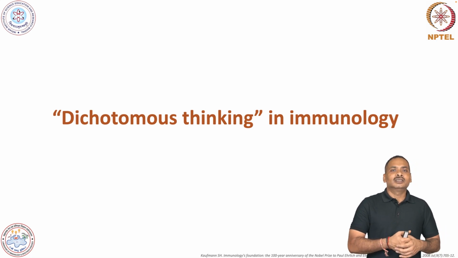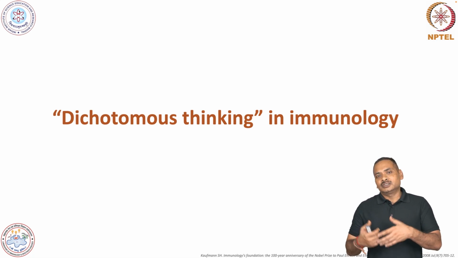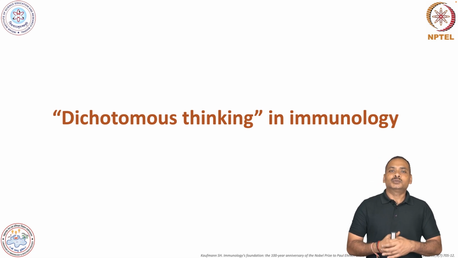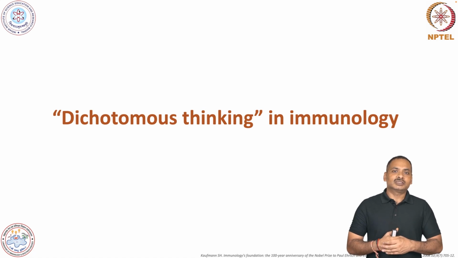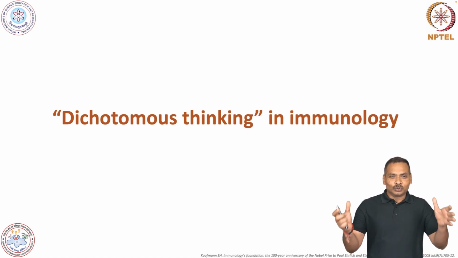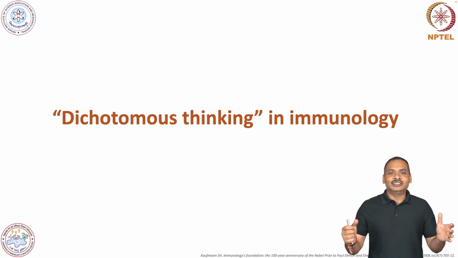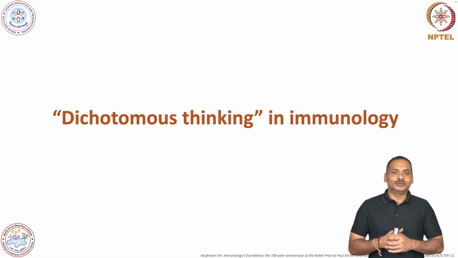Another school of thought said no, there is some factor present in blood that is giving protection. Both schools of thought were very much against each other, and did not want to compromise at any cost.